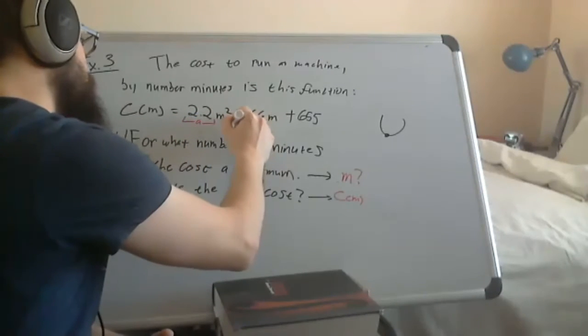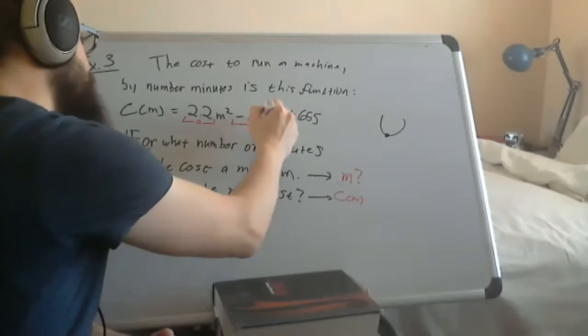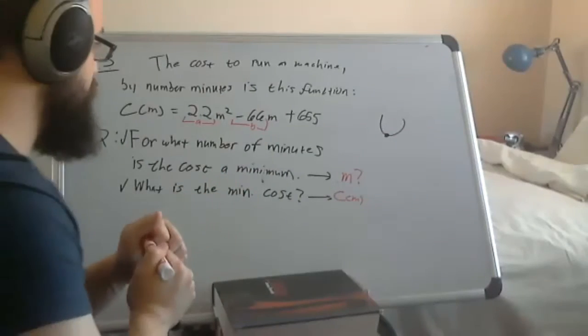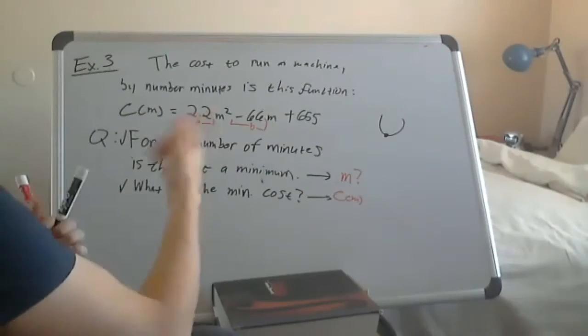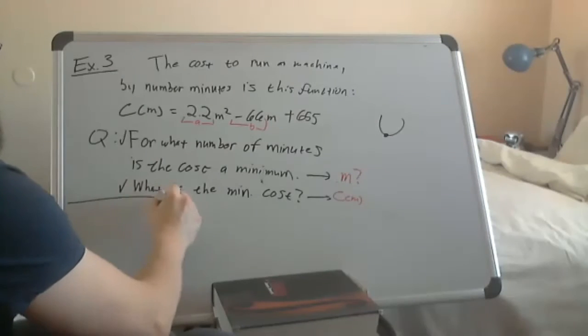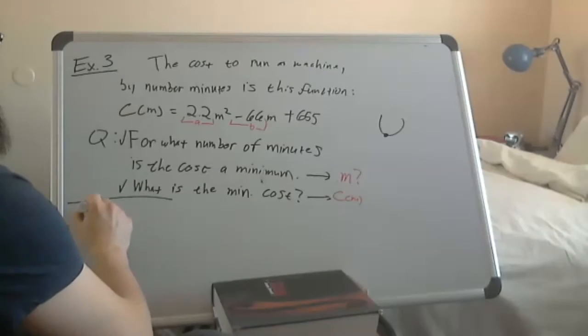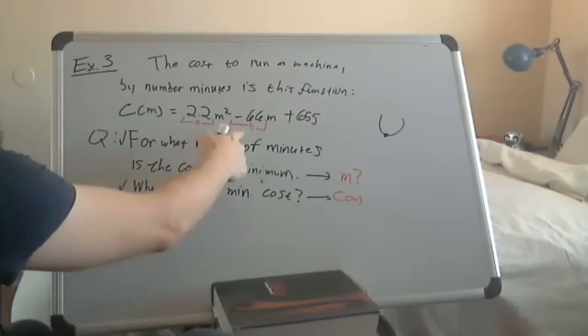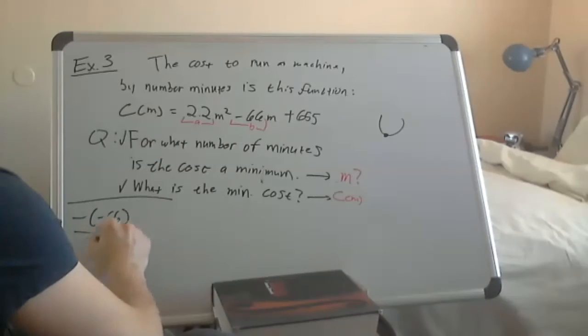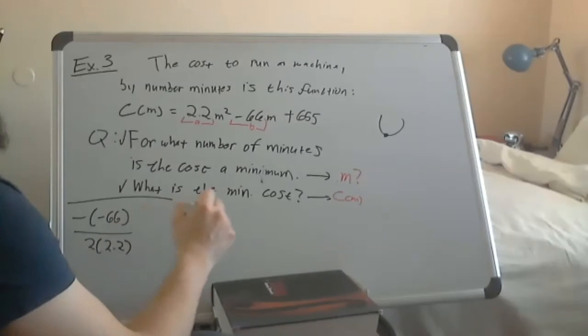Here's our A. Here's our B. If we already know that we need to find the vertex, if we're maxing or minning something, we can just dig right in. So negative B, and B in this case is negative 66, so negative negative 66 all over 2 times A, 2.2.